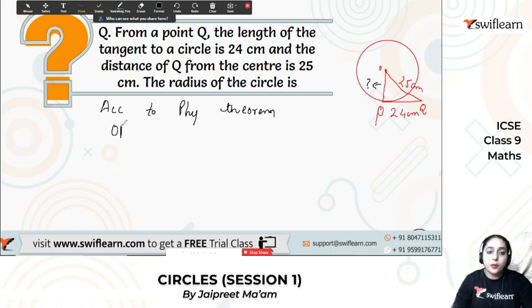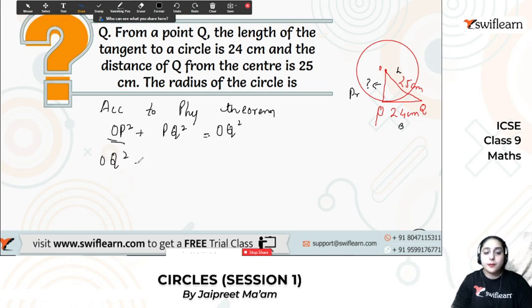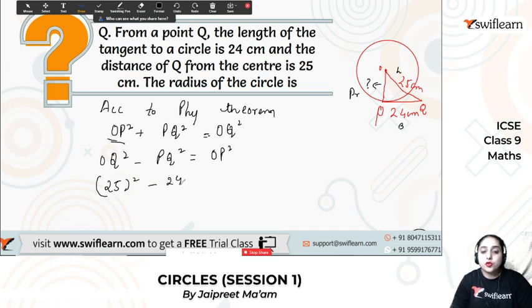So here OP square plus PQ square is equal to OQ square, correct? Because this is the hypotenuse, this is the base, and this is the perpendicular. So we have to find this OP. That will be OQ square minus PQ square is equal to OP square. OQ is given 25, so 25 square minus 24 square is equal to OP square.